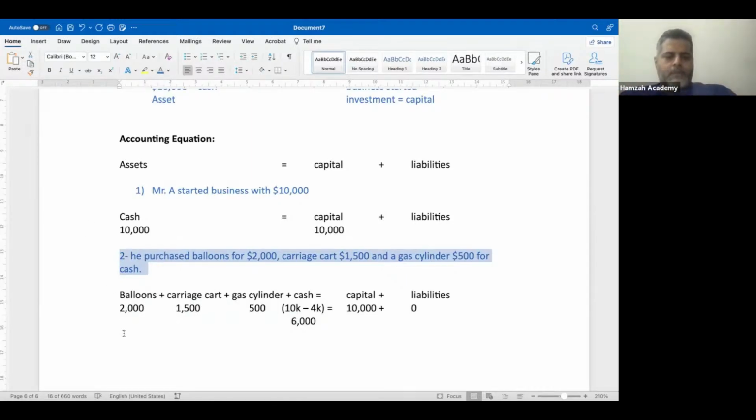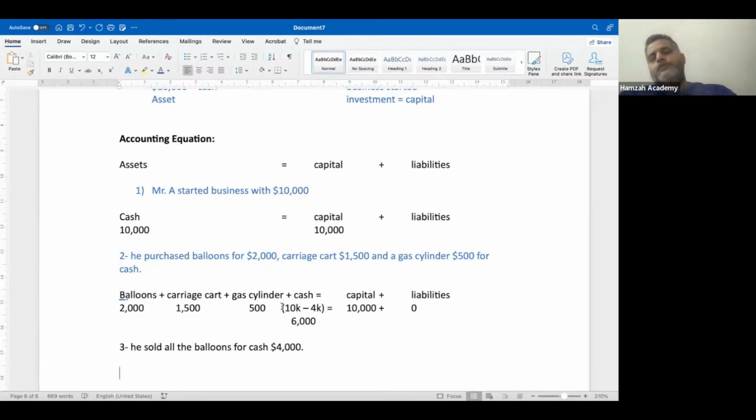Now, next, he sold all the balloons for cash 4,000. What is going to be the effect of this transaction? The balloons, which cost 2,000, are sold for 4,000. So the first effect is the balloons are gone. The second effect is we got the cash.